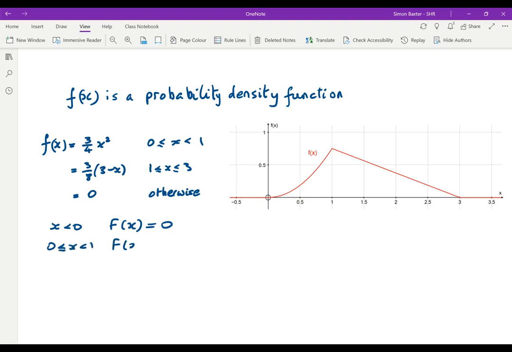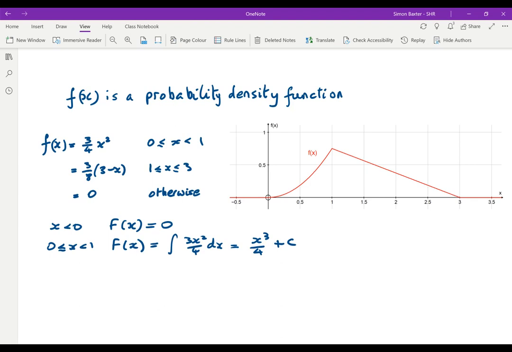Well, F of x is going to be equal to the integral of 3x squared over 4 dx. That is x cubed over 4 plus c.